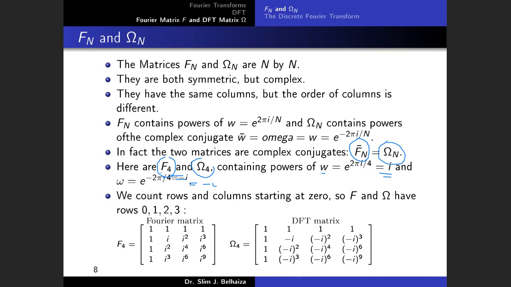So these are the two matrices in dimension 4. You start counting the rows from 0, 1, 2, 3. You see F4, and this is its conjugate, the DFT matrix omega 4.